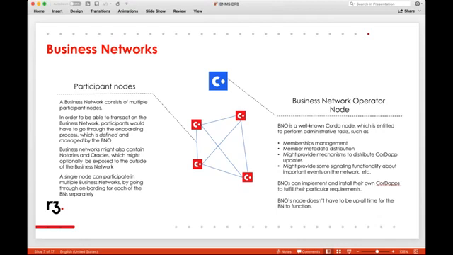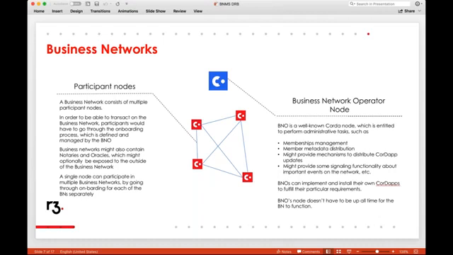One more concept which I'd like to introduce before we start with the application design is the concept of the business network operator node. Similar to the compatibility zone, where we have a number of services, for example the network map for the P2P discovery, the identity service for the certificate authority, and so on.